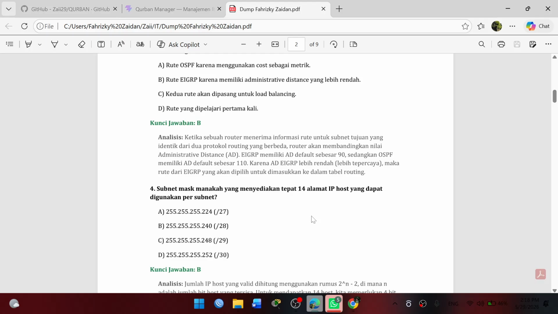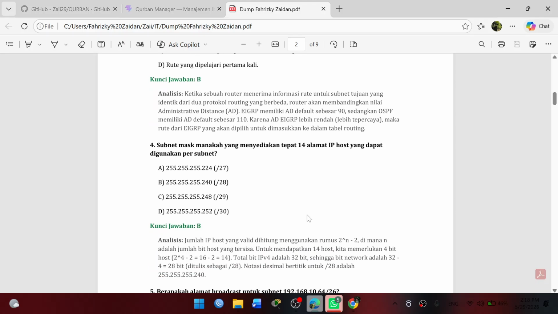For question 4, the answer is B. To find the number of usable hosts, we use the formula 2^n minus 2, where n is the number of host bits. To get 14 hosts, we need 4 host bits, because 2^4 minus 2 equals 14.